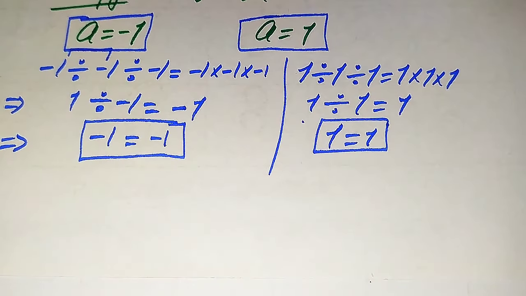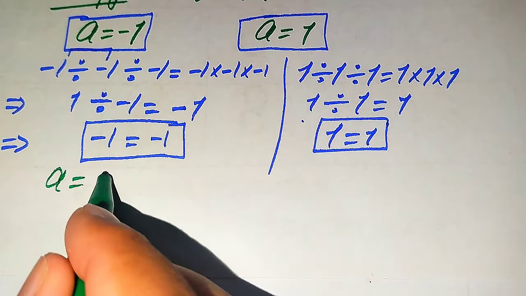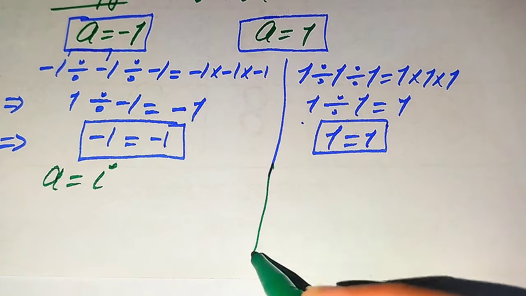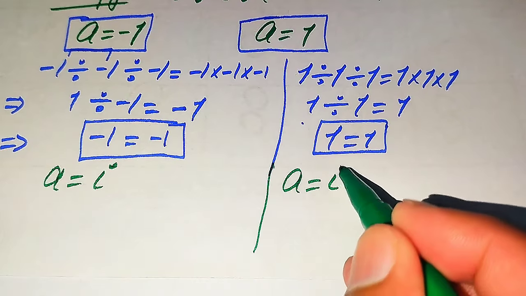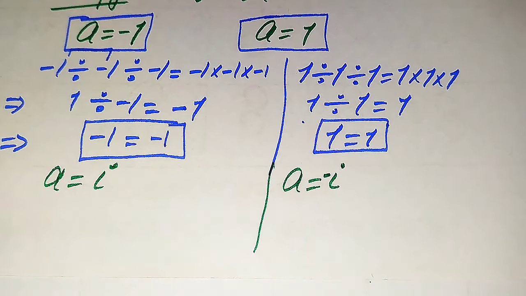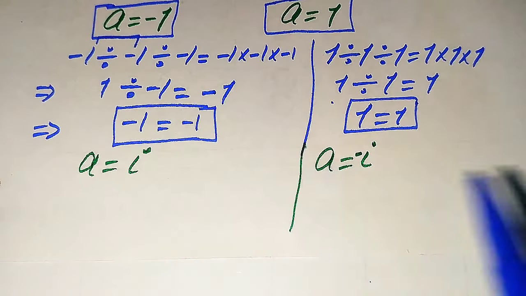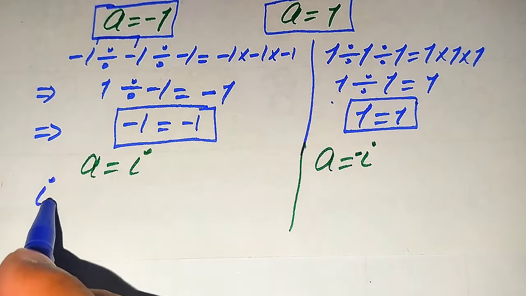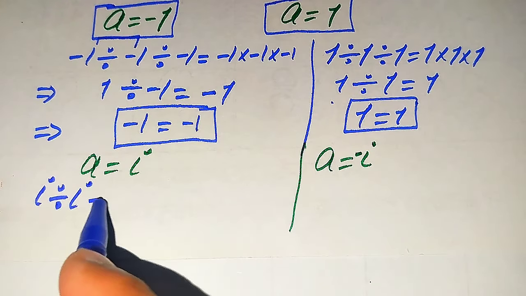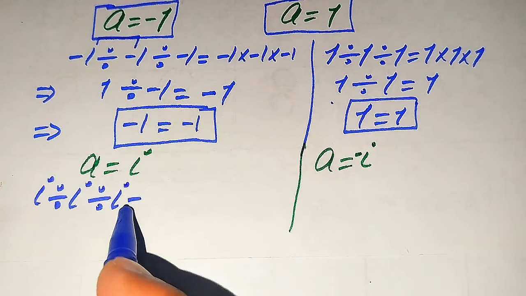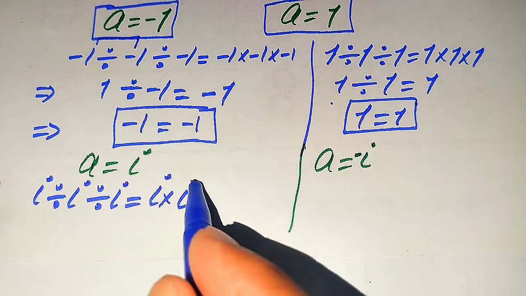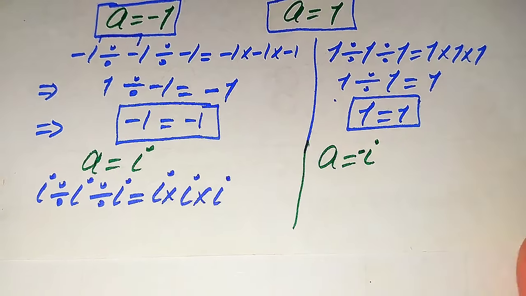So here we verify the remaining roots, and on this side we will verify a equals plus iota, and on this side we will verify a equals minus iota. Okay, so when we put a equals plus iota on both sides, it is written as iota divided by iota divided by iota is equal to iota multiplied by iota multiplied by iota.